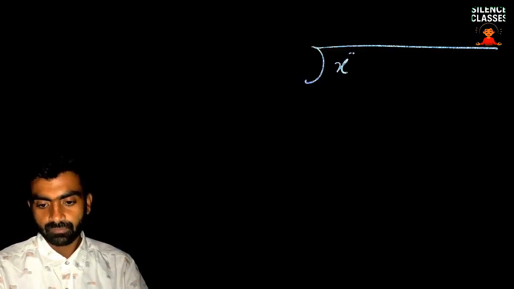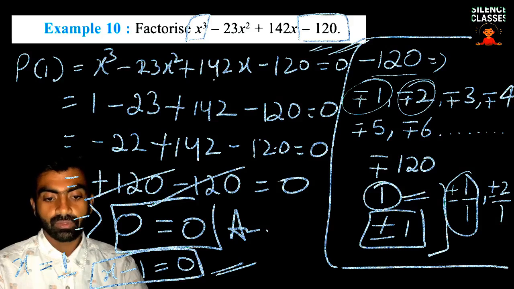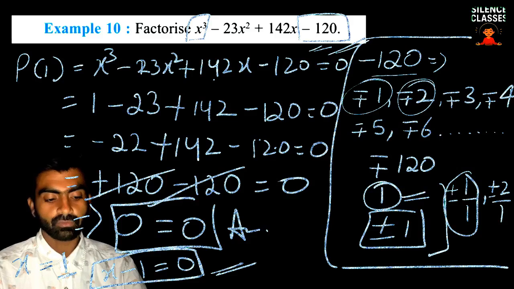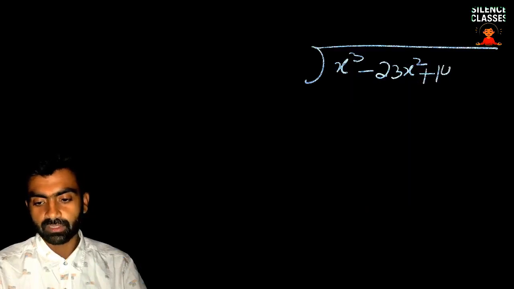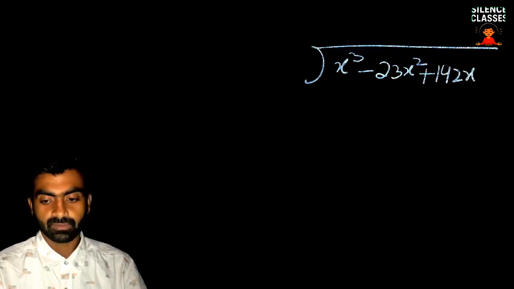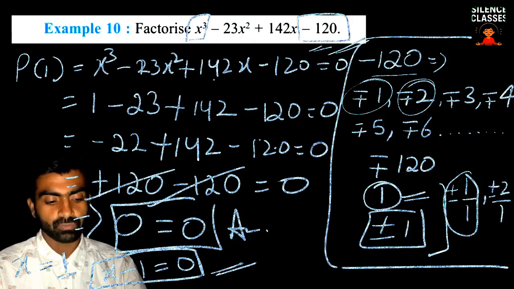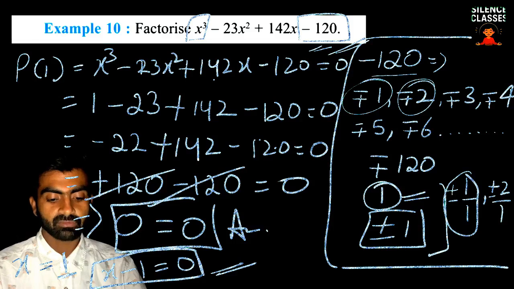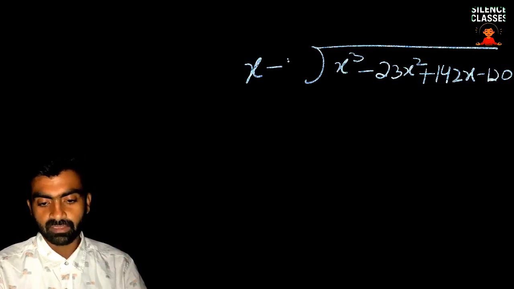x cube minus 23x square plus 142x minus 120, divided by x minus 1.